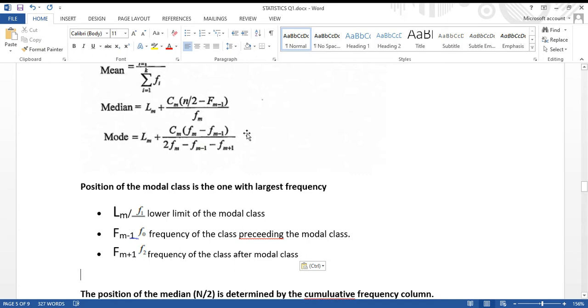Before I bring the table, LM represents the lower limit of the modal class.